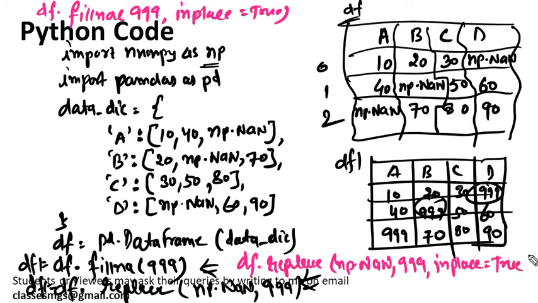In that case also it will change the original data frame itself. Here itself it will change. Here it will be 999, 999 in case you use these two lines written in pink color. If you don't use these two lines and you use the other two lines, then it will return a different data frame. The original data frame's nan values will not be replaced.